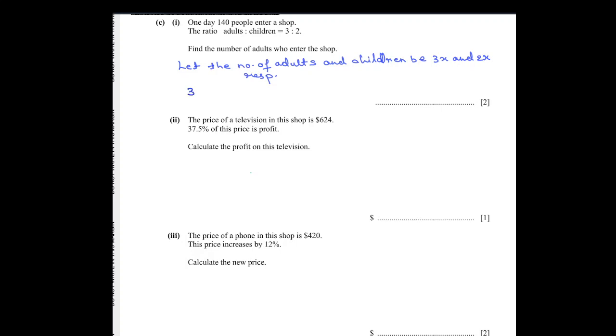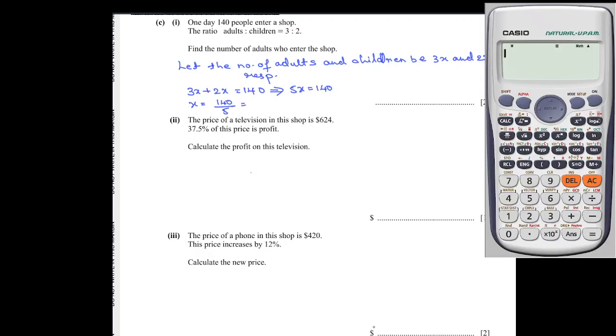So therefore 3x plus 2x will be 140. This gives you 5x is 140. Then x will be 140 divided by 5. What is 140 divided by 5? 28.